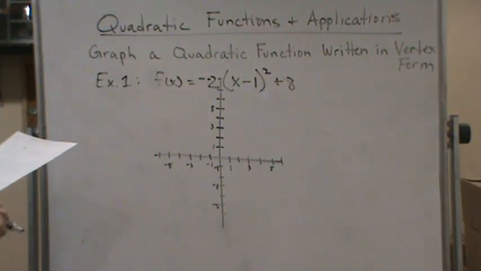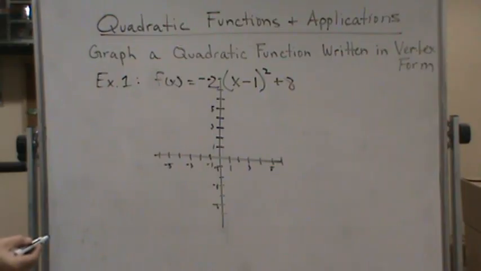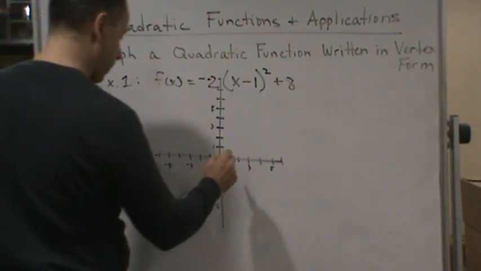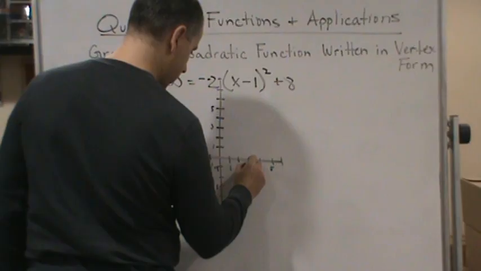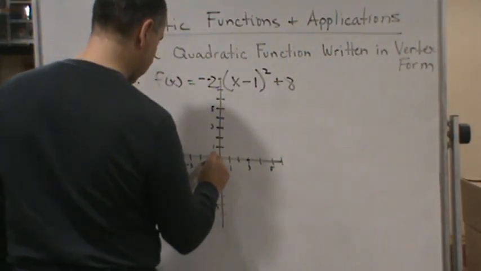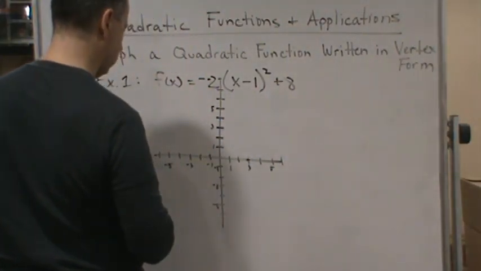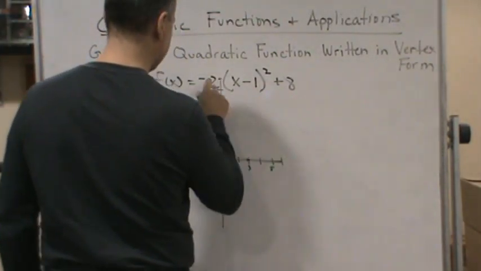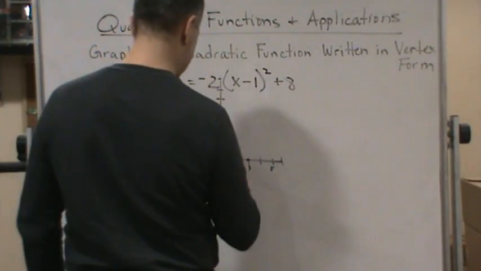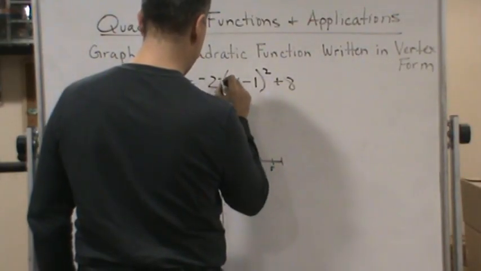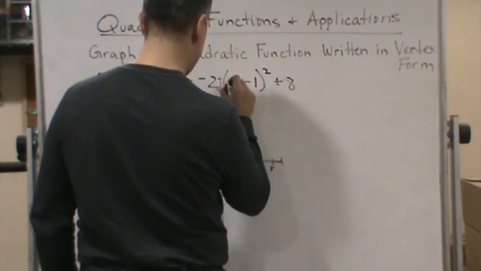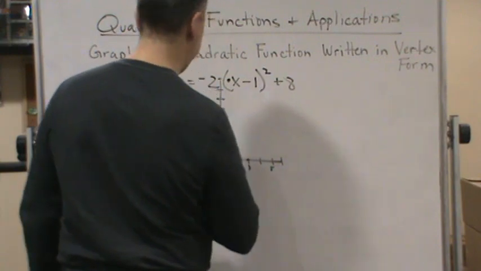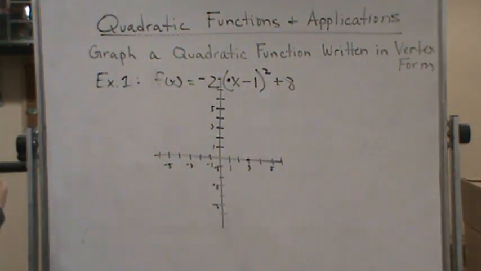And then the x-intercepts were at 3 and negative 1, right? So 3 and negative 1. Oh, hold on a second. Oh, I'm sorry, 1. 1 and 8. Is it 1 and 8? Sorry about that. So 1 and 8 is our vertex.